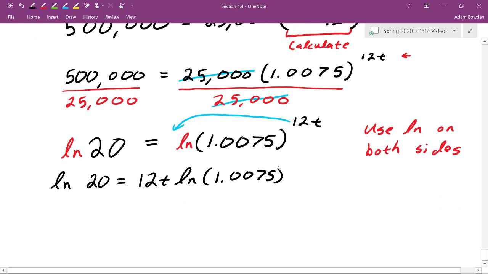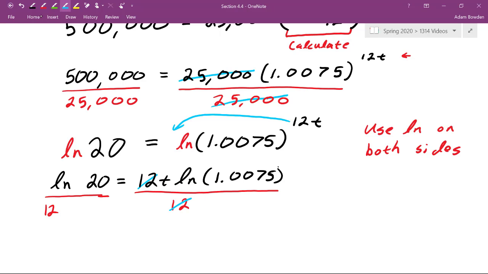So let's figure out how to get that t by itself. But t is now down here in front of the ln, so at least it's in a better place to solve for. What I'm going to do is divide both sides by 12. By dividing out the 12, that's going to make it go away here. I can also divide both sides by the ln of 1.0075.